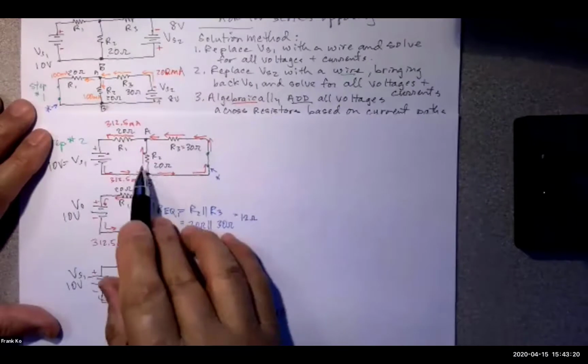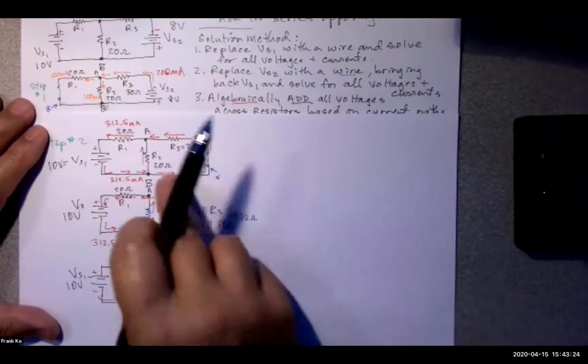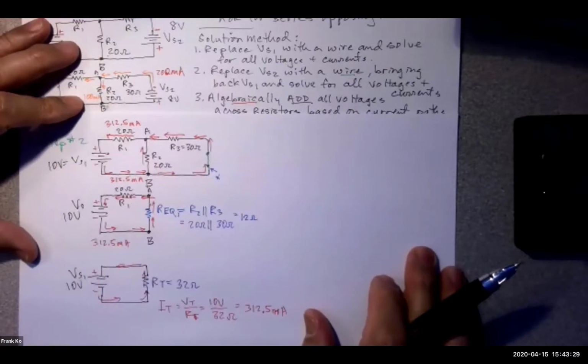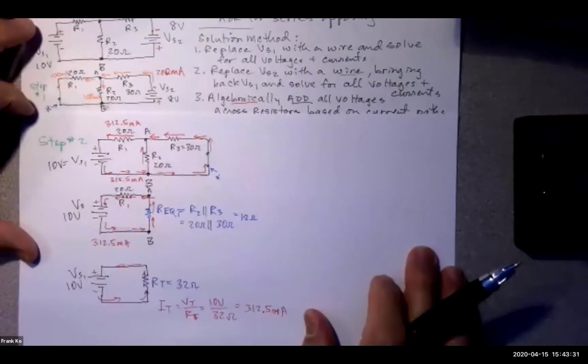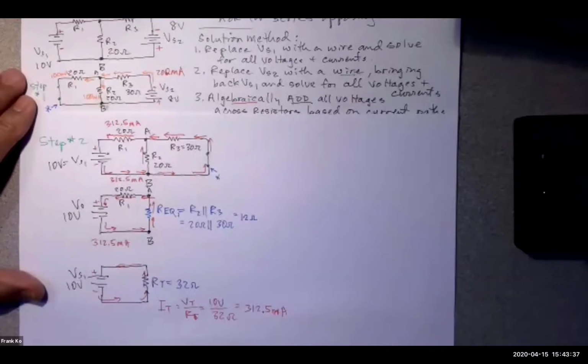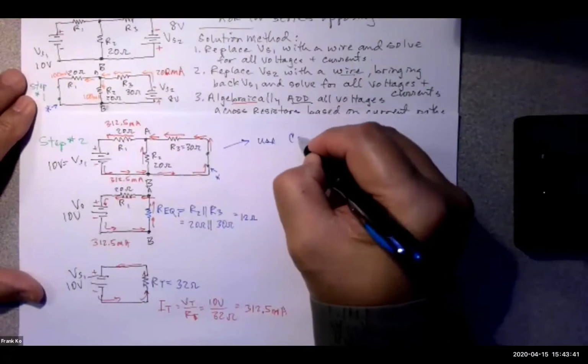So you need to determine how this current splits. What method do we use to determine how this current splits? Couple methods. You could use Ohm's law. You could use the current divider formula. I would highly recommend the current divider formula. So use CDF.